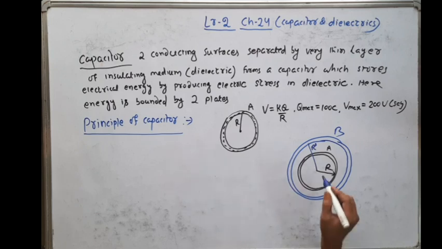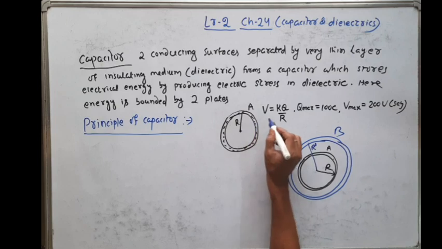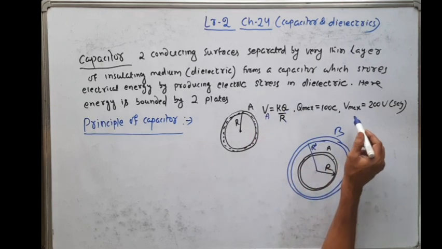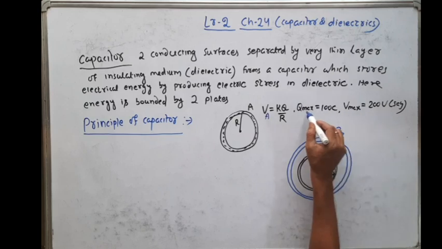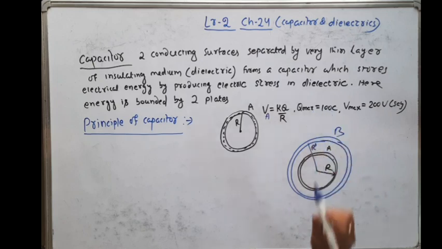So now we have to find the potential at point A. Initially the potential at A is KQ by R, and the maximum potential is 200 volt. The maximum charge this metallic sphere can store is 100 coulomb.